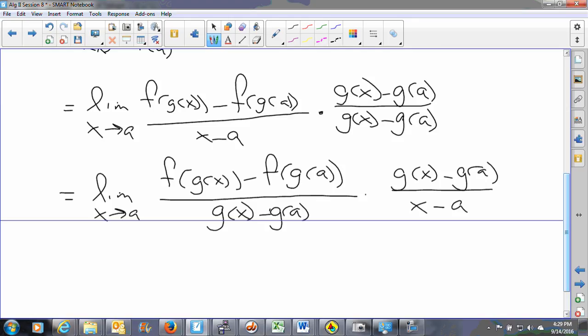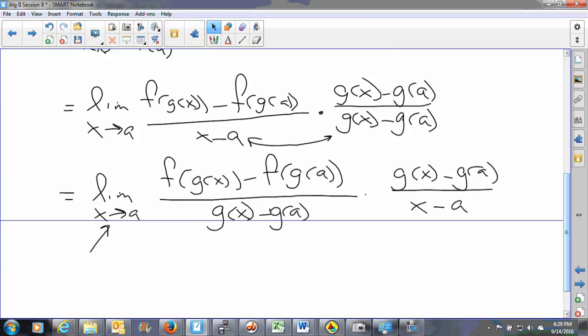Remember, multiplication is commutative. When you multiply fractions, you multiply the numerators together, and then you multiply the denominators together. So by commutativity and the definition of multiplication of fractions, I can exchange the denominator g of x minus g of a with x minus a.